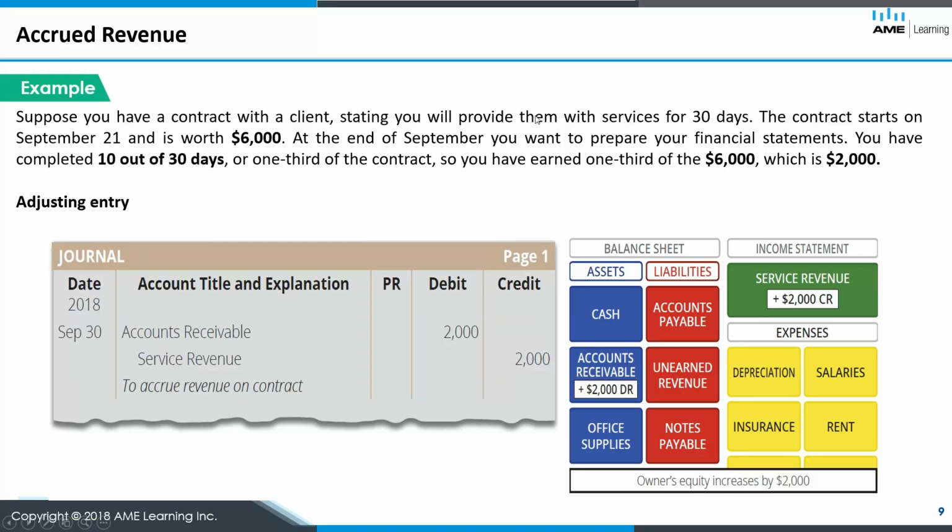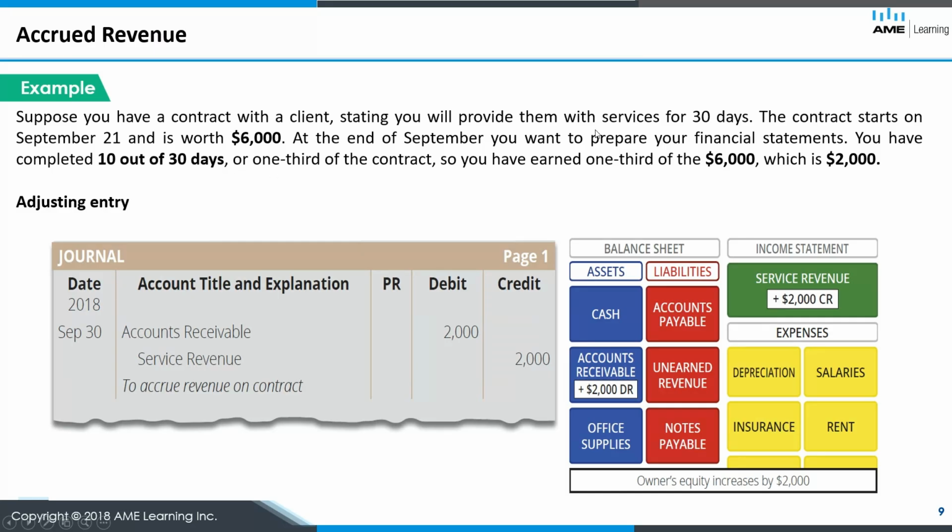But in a situation like this, we're doing a little bit more analysis, if you will, a little deeper analytics to figure out what we are owed. So in this example, we have a contract with a client, and it's stating that we will provide them with services for 30 days. And you can see that contract starting not on the first of the month, but on the 21st of September. And the contract's worth $6,000.